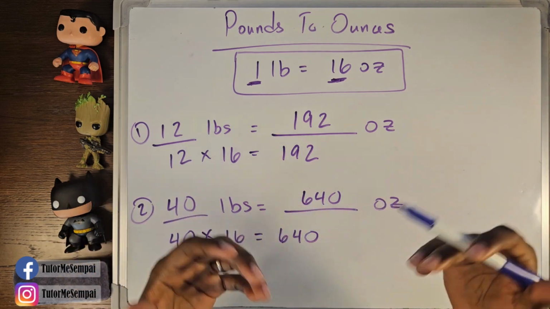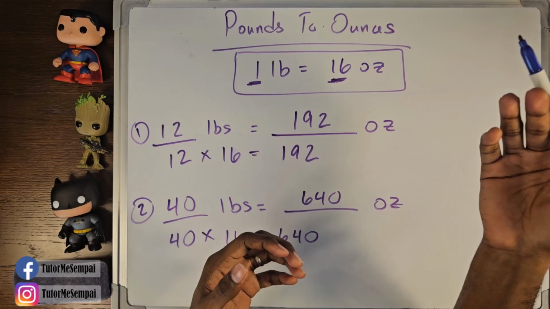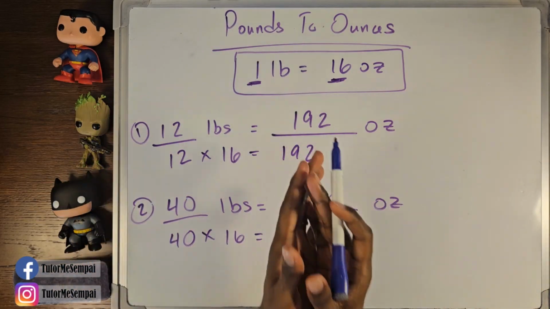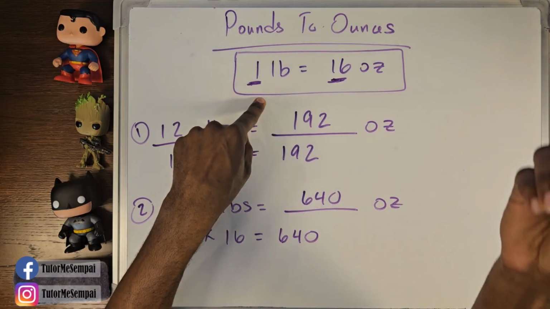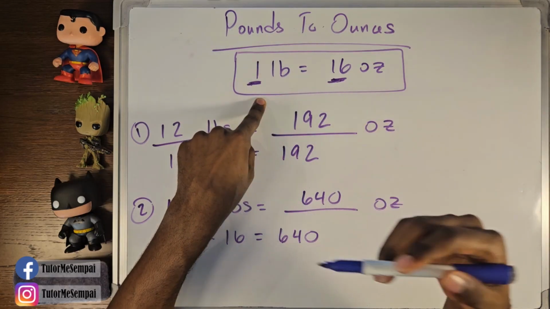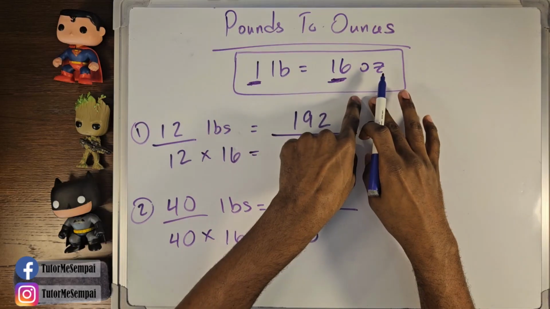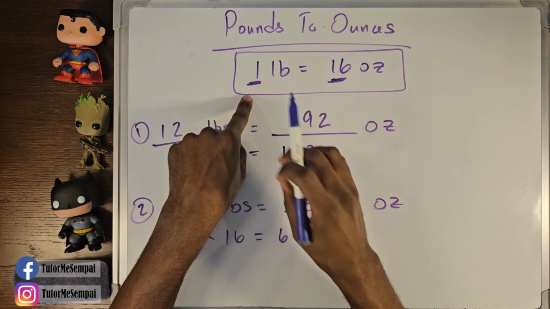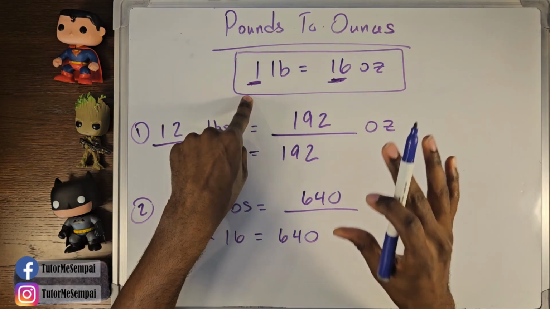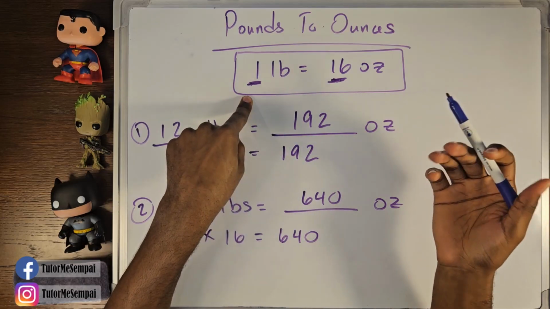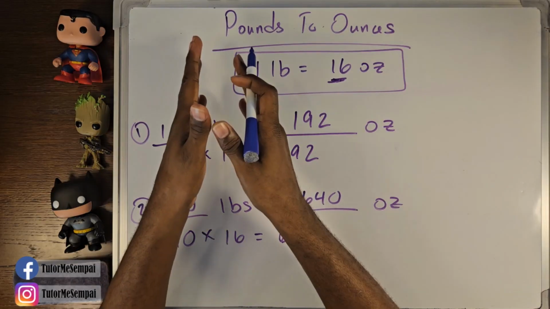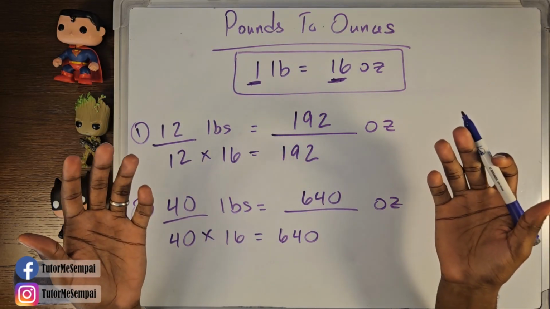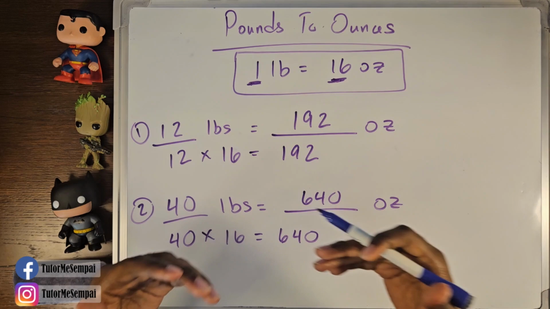And to get something bigger, are you thinking multiplication or division? Well, I normally think multiplication. So going from pounds to ounces needs a bigger number, therefore we're going to multiply. But going from ounces to pounds, we need a smaller number. So instead of multiplication, we want to do division. So you can look at your basic unit conversion rate and get that reminder that you need. Pounds to ounces, you multiply. Ounces to pounds, you're going to divide.